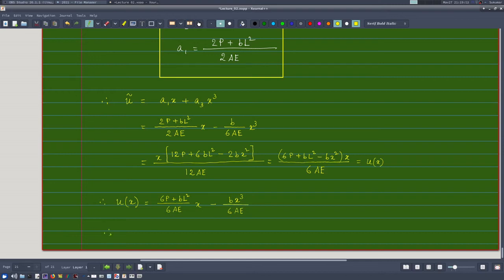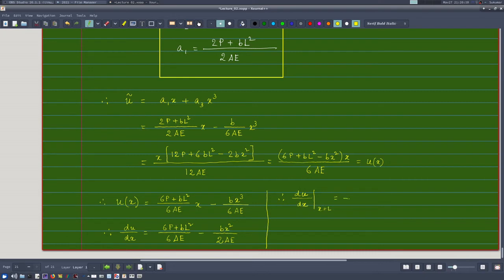And therefore, what is my du dx? Du dx is 6P plus BL square by 6AE minus twice x square, so B x square by twice AE, and hence my du dx at x equal to L is what?